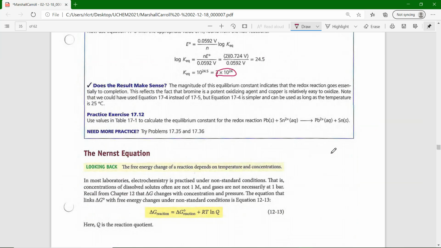Okay, let's get the equilibrium constant for this one. So we see that the lead is oxidized and the tin is reduced. So E naught cell, we have the two couples.